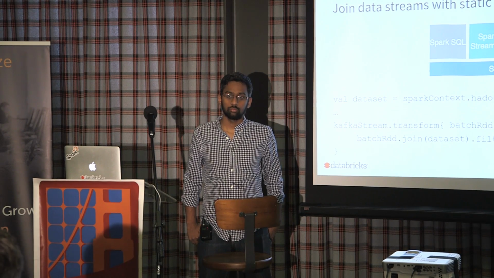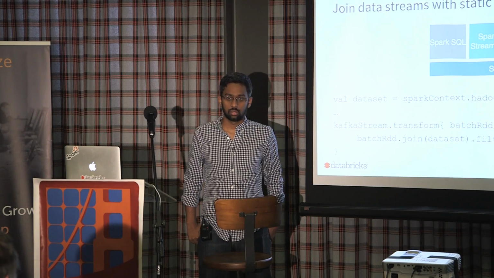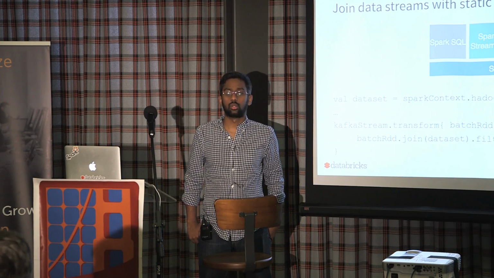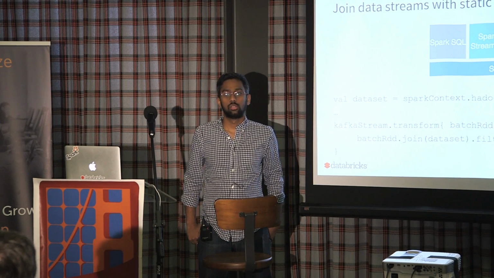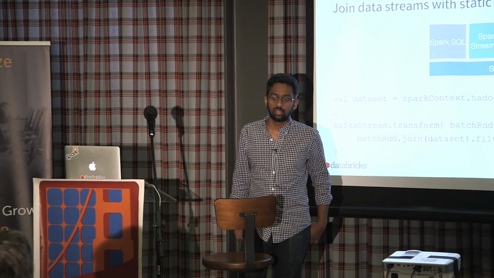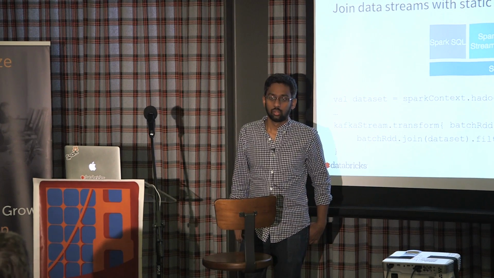So I need to distribute data across all nodes. In a static Spark job, I do that using a broadcast variable. What can I do in Spark Streaming to update such a variable?